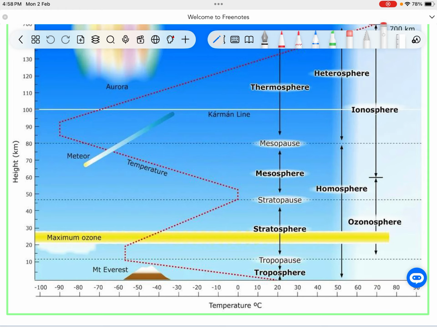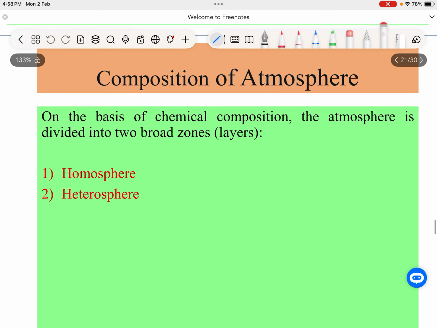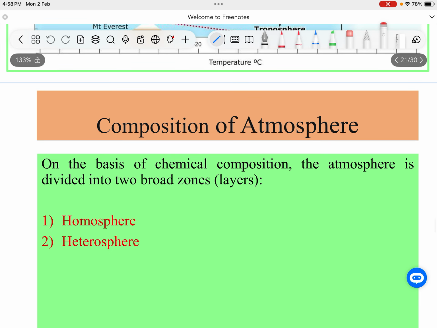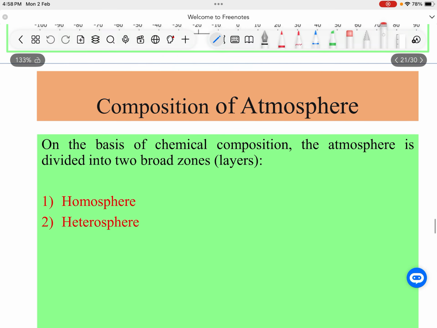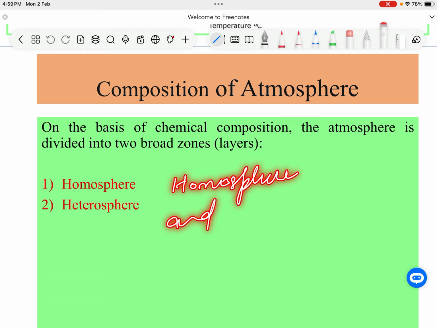So further we are going to discuss the chemical composition of atmosphere. On the basis of chemical composition, the atmosphere is divided into two layers, that is homosphere and heterosphere.